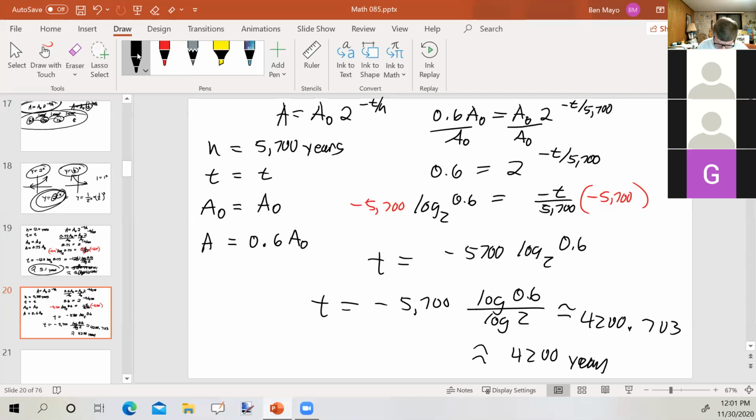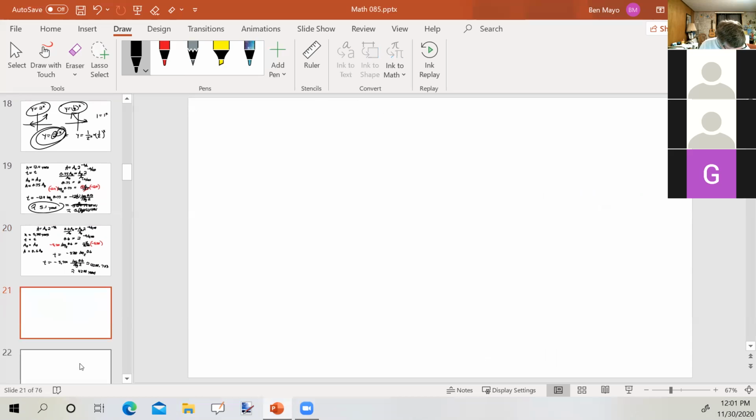Compound interest. If $1,300 is deposited in a savings account paying 9% interest, compounded quarterly, how long will it take the account to increase to $2,100?